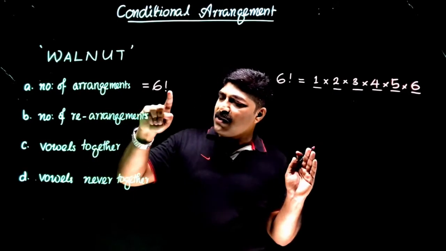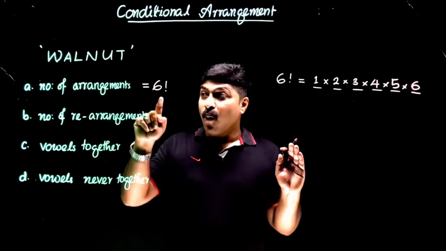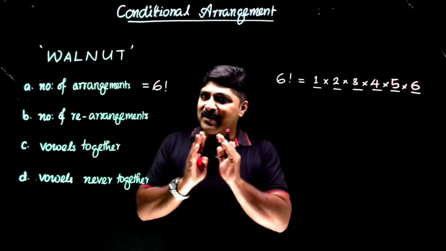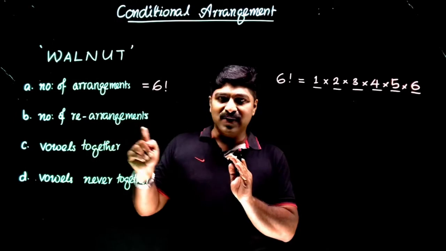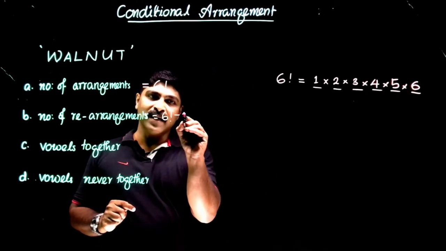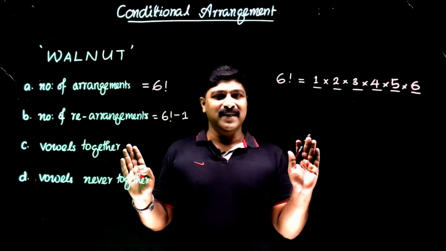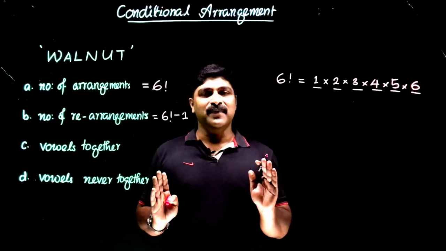We know there are 6 factorial arrangements in total. Out of these 6 factorial, 1 is the already existing one. So you have to subtract that value from 6 factorial, and you will get the answer easily. So this is simply 6 factorial minus 1. That's a simple concept. Got it? Now we are moving to the third concept.